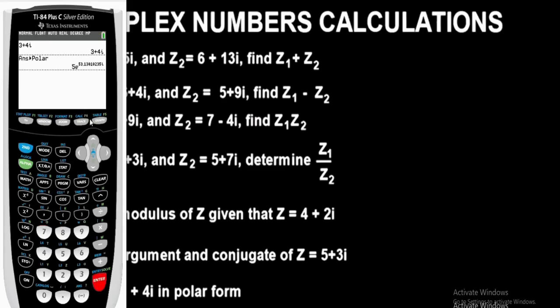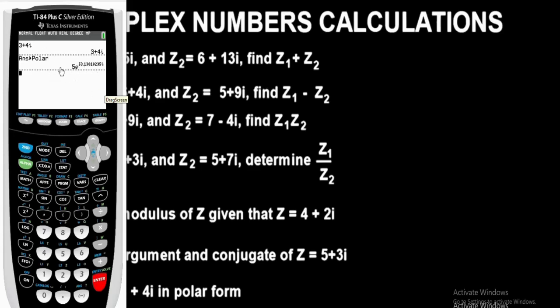So you will see this will give you the value in polar form. So take note of this. Alright, this is 5 angle 53.13. Note the symbol for angle. Alright, so this is the output in polar form.